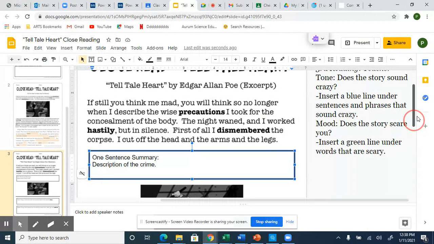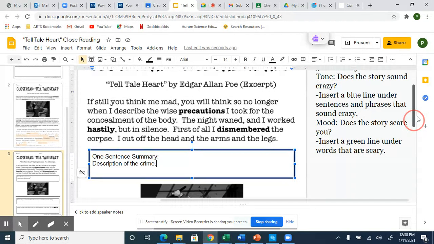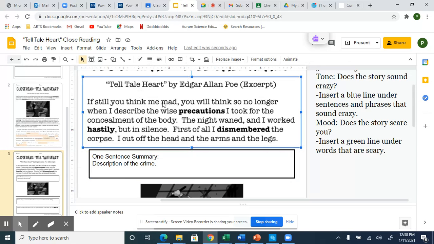So what sounds crazy? He's trying to tell you, if you still think me mad, you will think so no longer. But I would put, if you still think me mad, dot, dot, dot, and then go down to here where he describes cutting up the body. Only a madman would do that.